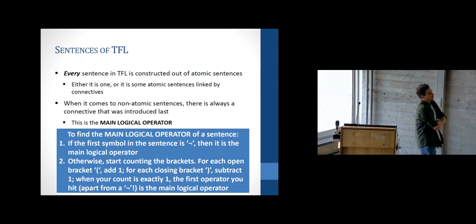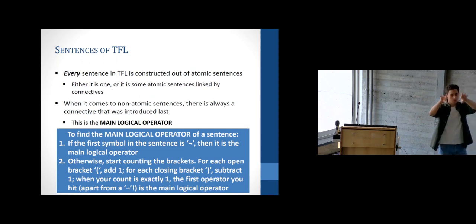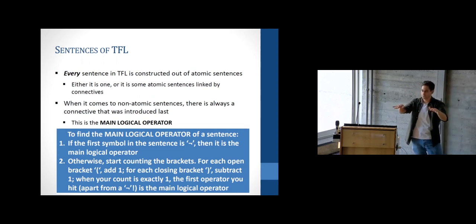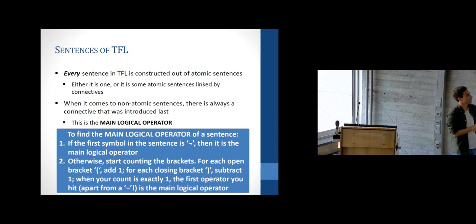So what do we know? If we break down any well-formed expression, a sentence, we will hit rock bottom, so to speak, with atomic sentences. So every sentence is constructed out of atomic sentences. And either the sentence you have is just an atomic sentence, or it was built up with the rules.